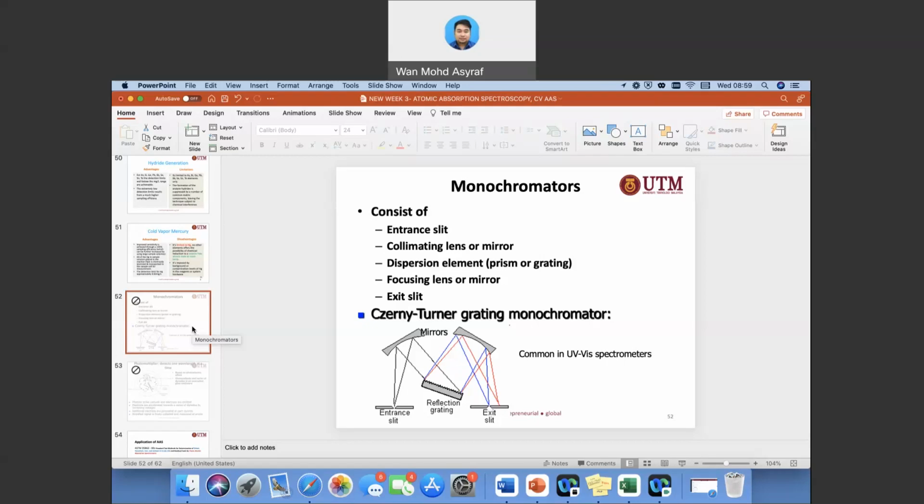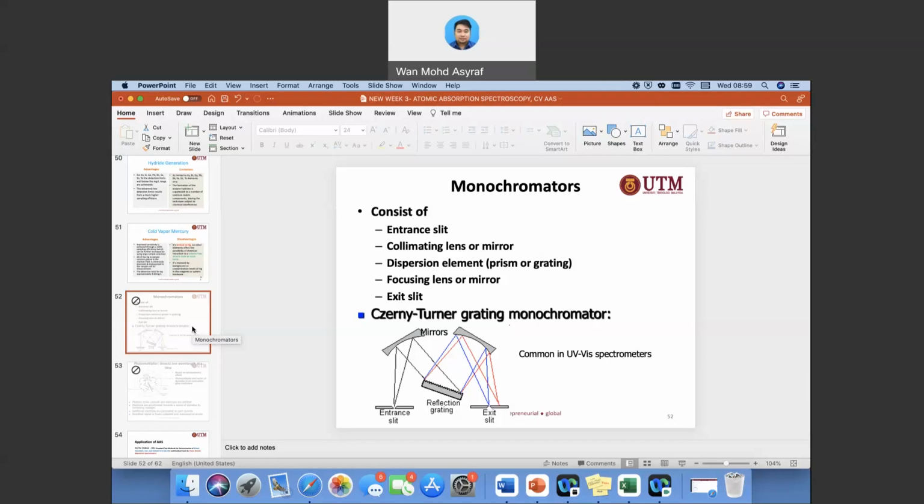So if you want to analyze copper, you should have copper metal in the lamp. In your sample you also want to have copper, because only copper metal can generate a wavelength that is going to excite the copper analyte inside your sample.